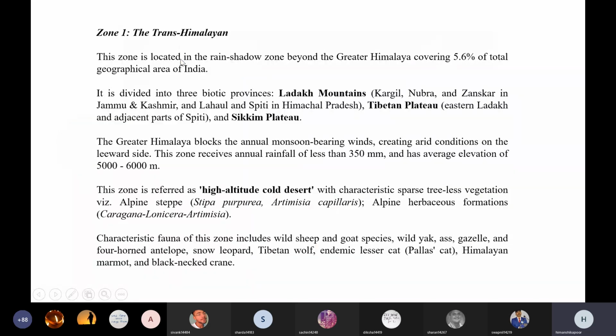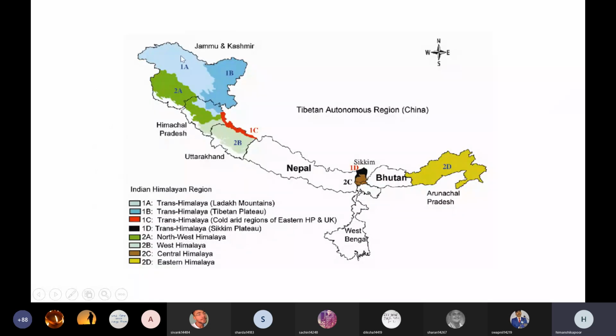In the Trans-Himalayan zone, we have three major biotic provinces: the Ladakh Mountains, the Tibetan Plateau, and the Sikkim Plateau. The Ladakh Mountains are here, then we have the Tibetan Plateau here, and the Sikkim Plateau is lying over here. Clear? Is it visible?